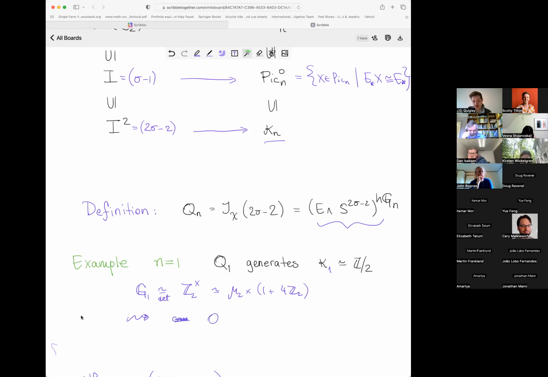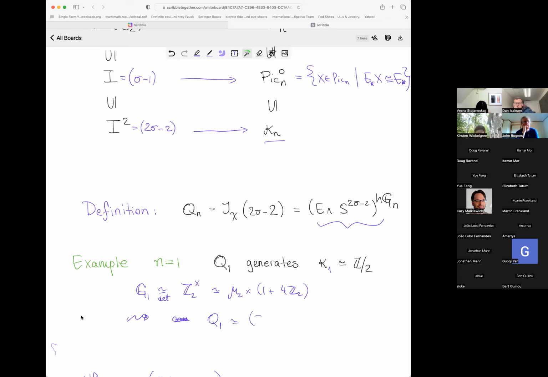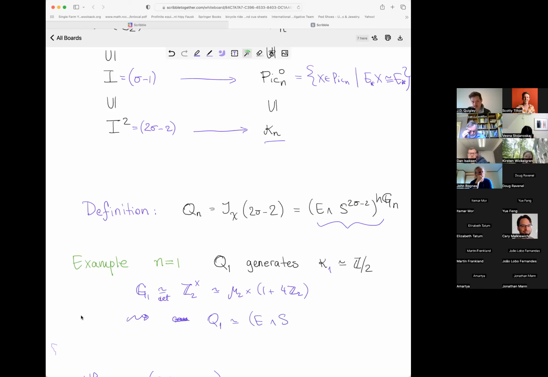We get that Q_1 is, say, E smash this S^{2 sigma minus 2} with H mu_2 times Z_2, and then depending on the order of taking homotopy fixed points, we get to understand this in a very hands-on, explicit way.